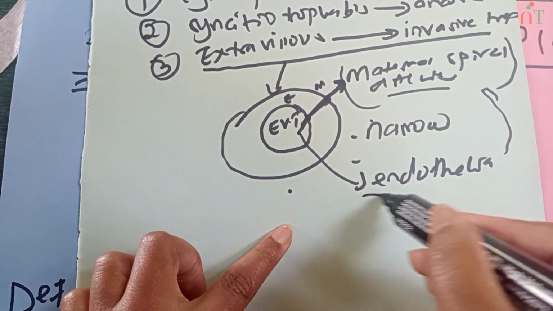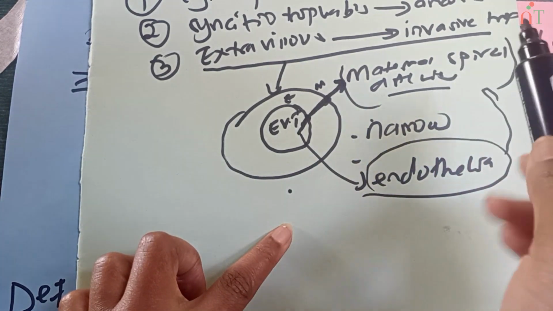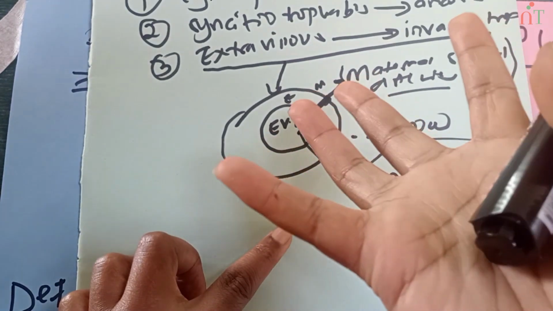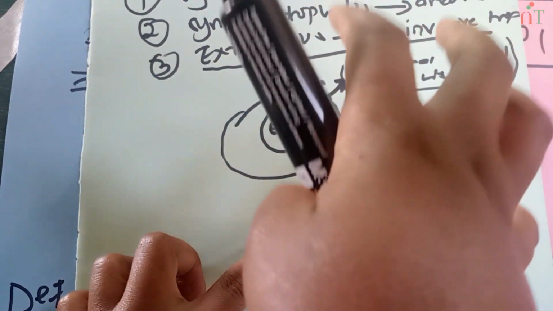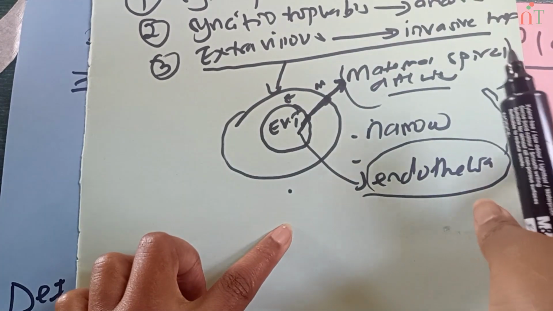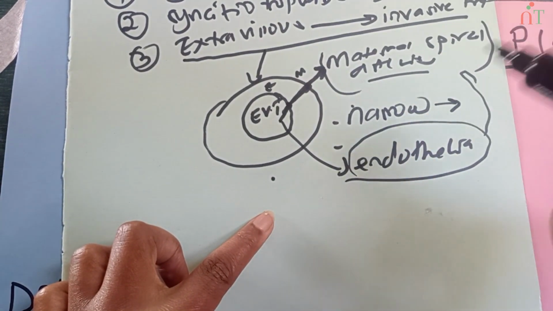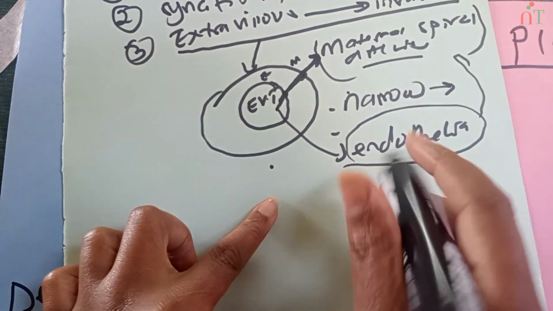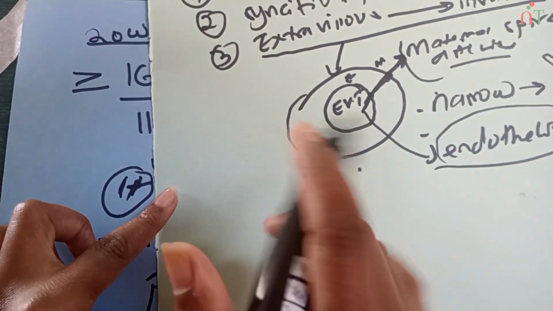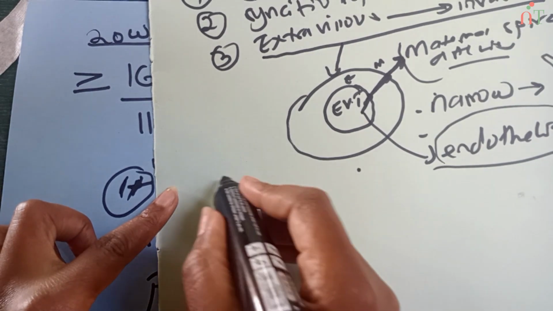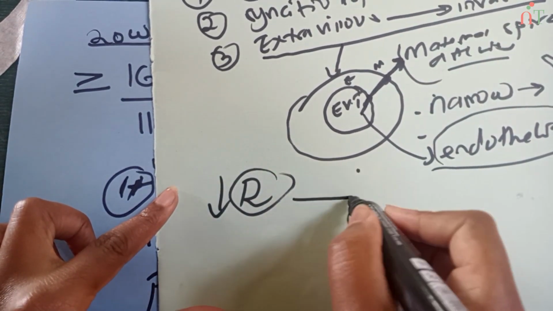So when they detach these endothelial cells, these maternal spiral arteries are going to lose their ability to contract. They are going to lose their muscle contractility, let me call it that way. And by so doing, they are going to stop being narrow and they are going to be wide. And when they are wide, it is going to help the blood to flow with low resistance and sufficiently.